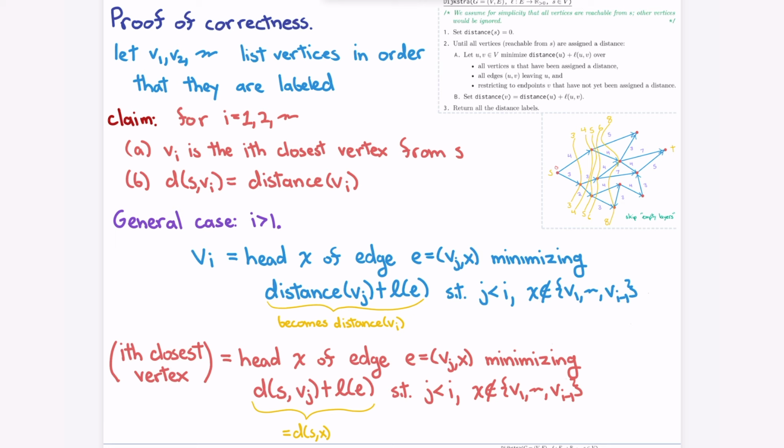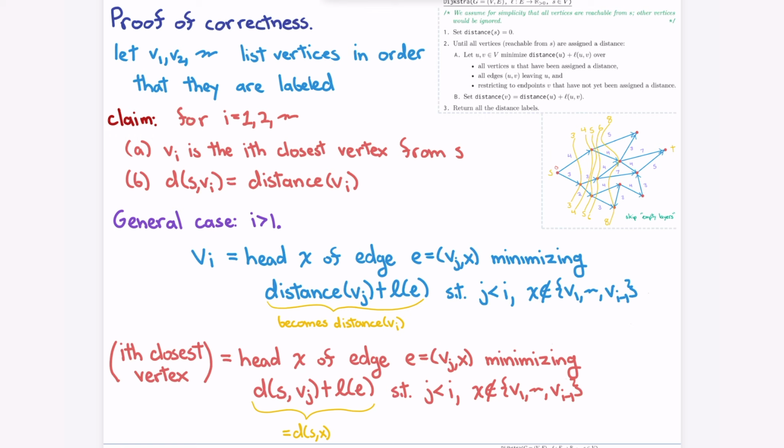And our algorithm is doing the same thing, but with respect to the distance labels. It's looking at the first 9 distance labels, adding an edge length, seeing where you end up, and choosing the best one. And by induction for those first 9 vertices, you get the same distance label as the true distance. So by induction, there are 2 things to point out.